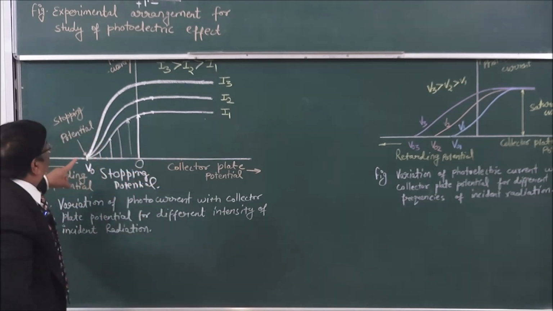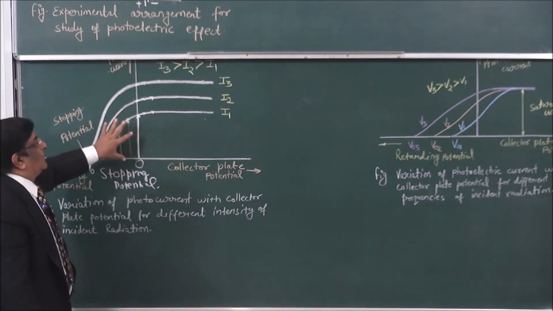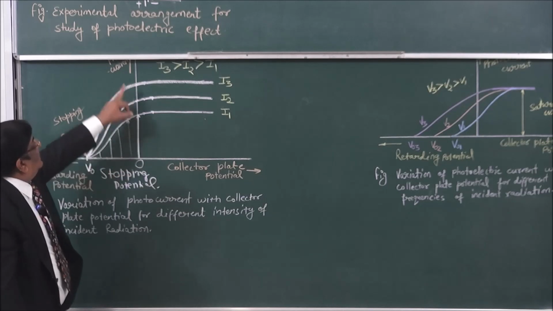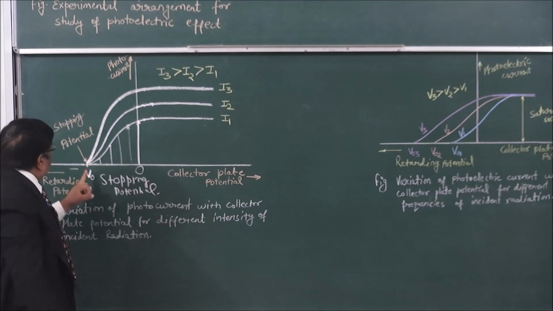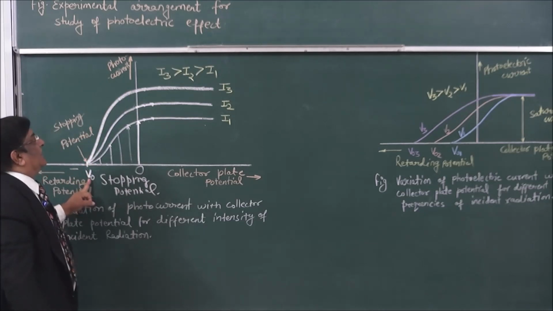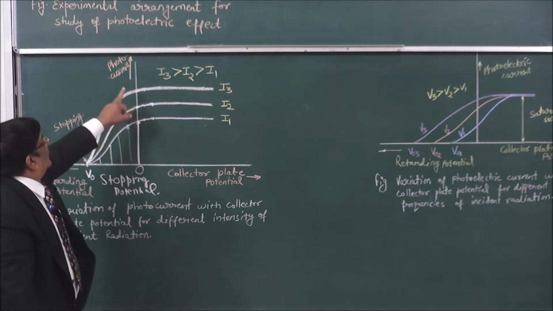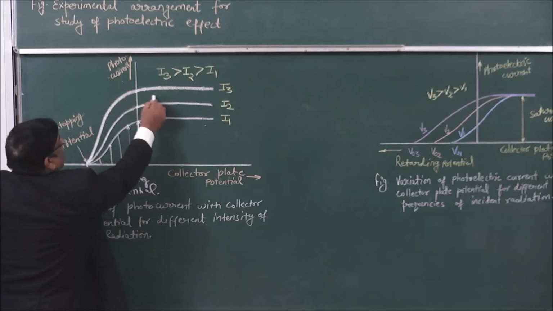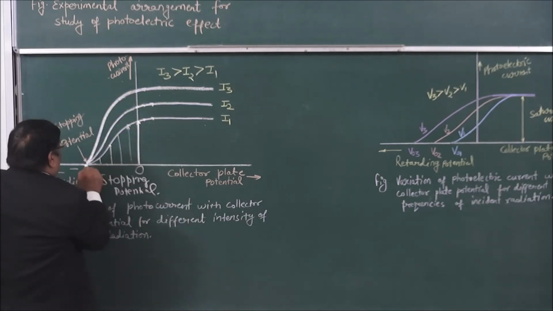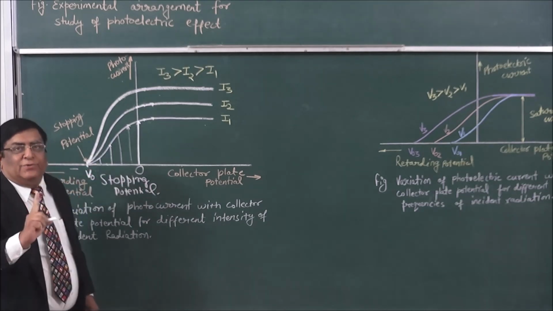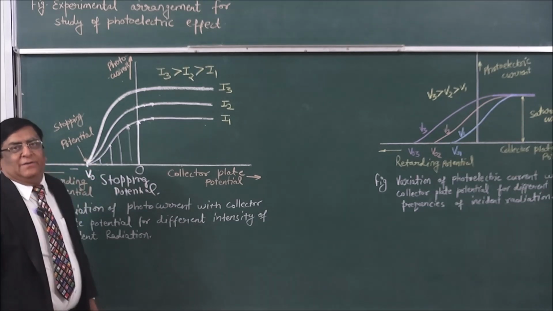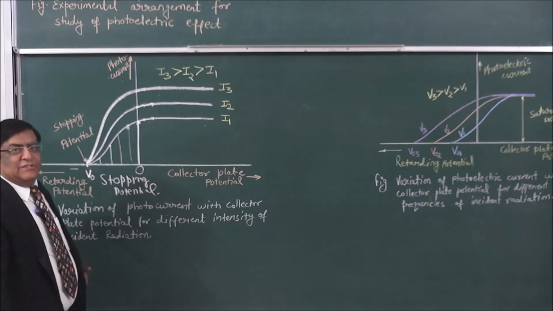Here, what is changing and what is not changing? The current is changing, but the stopping potential is not changing. That means current is related to intensity, and stopping potential is related to color. We have not changed the color, and the stopping potential has not changed.